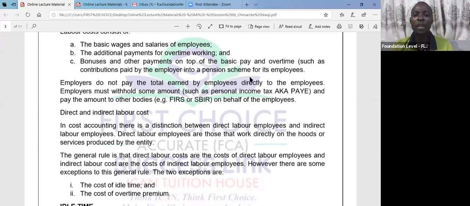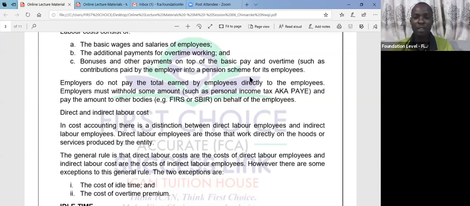Then we also have indirect labor costs. Indirect labor costs are the costs incurred in the production department, but not directly involved in the production of the goods and services. For example, we know of supervisors who are just walking around, they don't do the job, but they supervise.